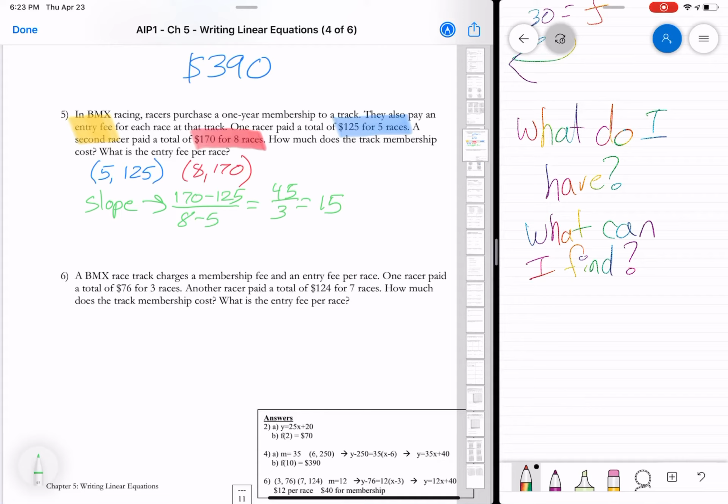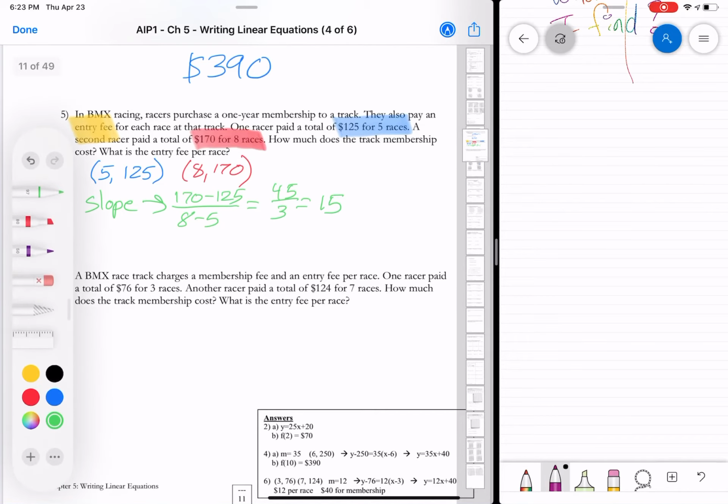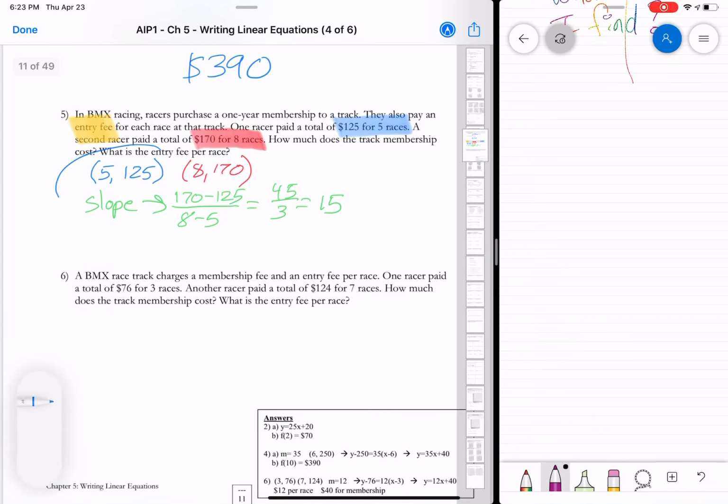Okay, again, these questions. What do I have? What can I find? I have my slope and 2 points, so guess what? We are going into slope-intercept form. All right, let's use the blue point.